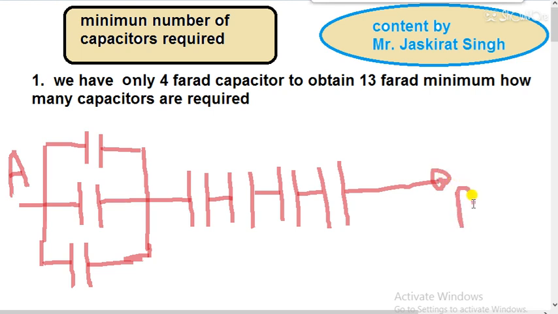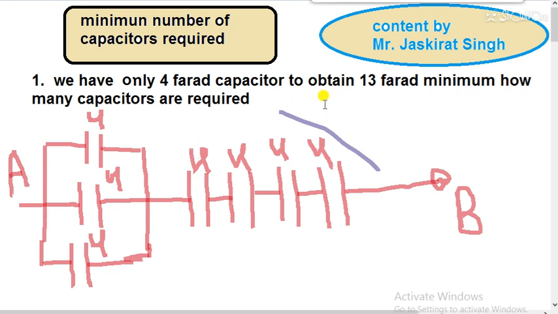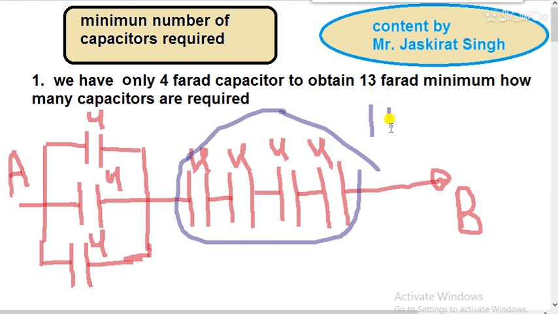This is point B, and each capacitor is of 4 farad. So the parallel combination of 4, 4 and 4 will give me 12, and this series combination of 4 capacitors will give me one capacitor of 1 farad.